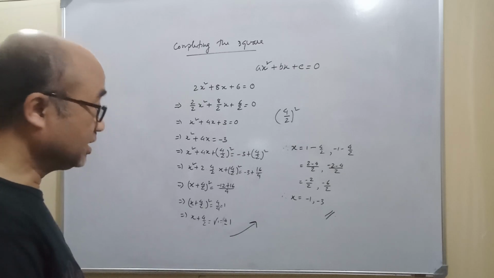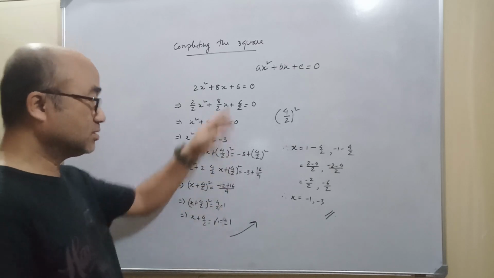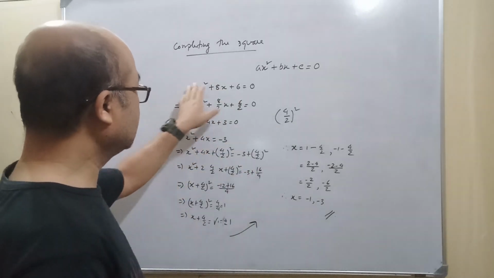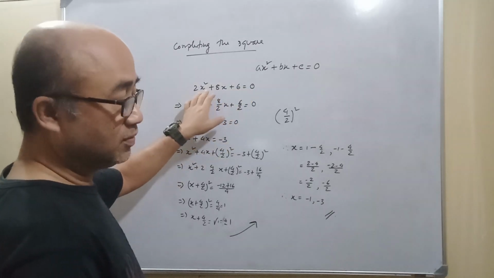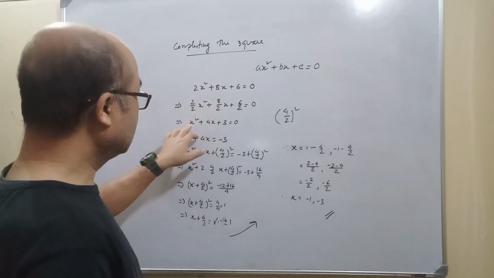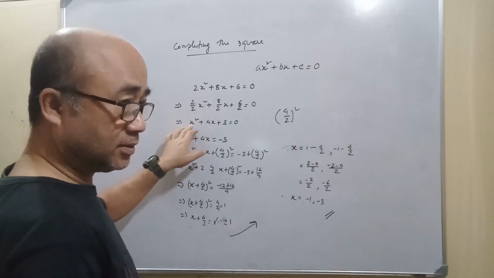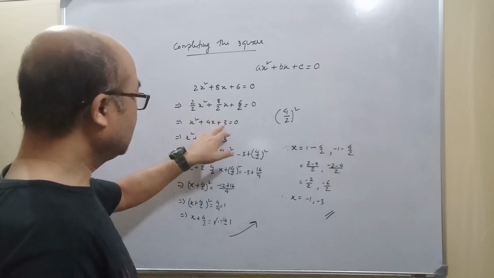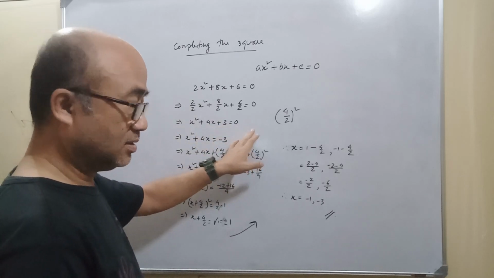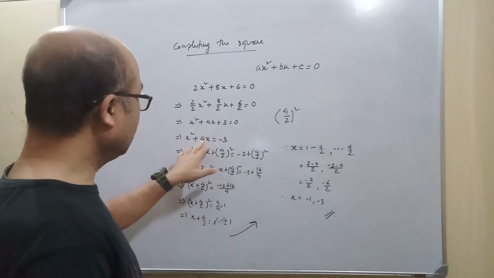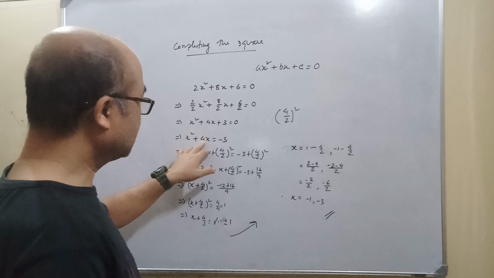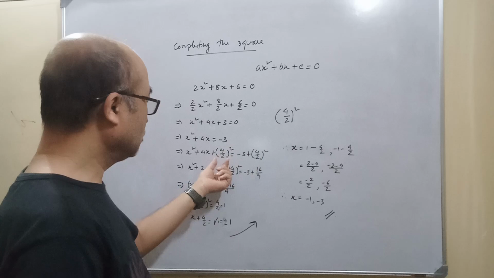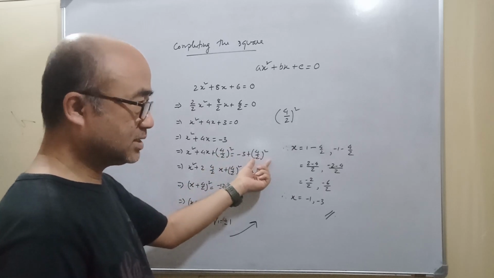Okay, so as I have said previously, it is not that hard. What you need to do is first convert this equation like this, where the coefficient of x square is 1. Then you shift the last term to the right hand side, then you divide the coefficient of x by 2, then square it, then add this whole term to the left hand side as well as to the right hand side.